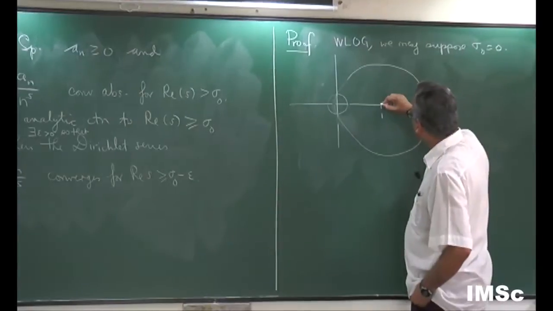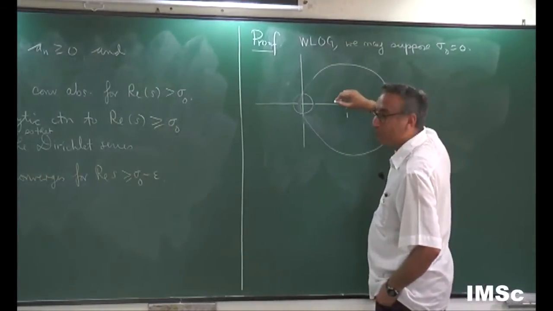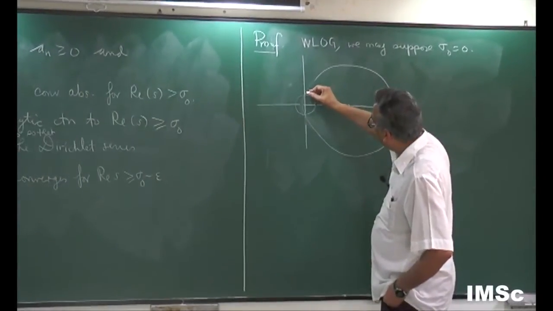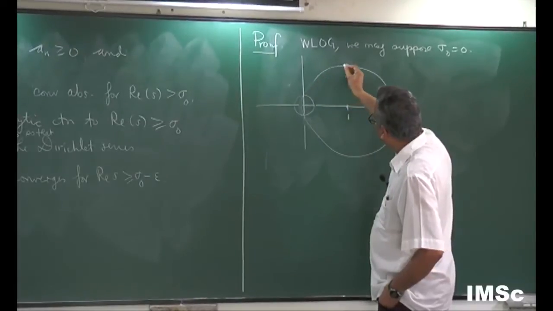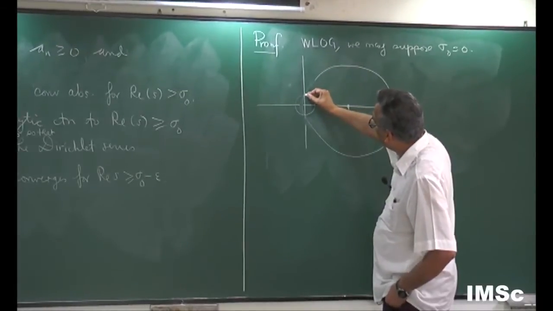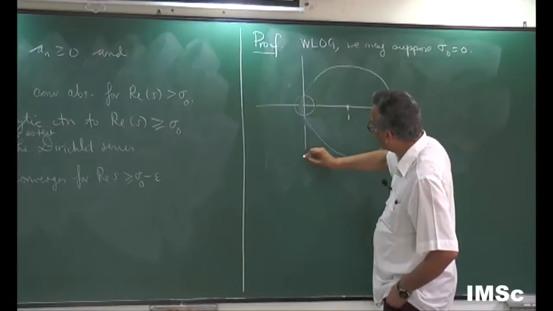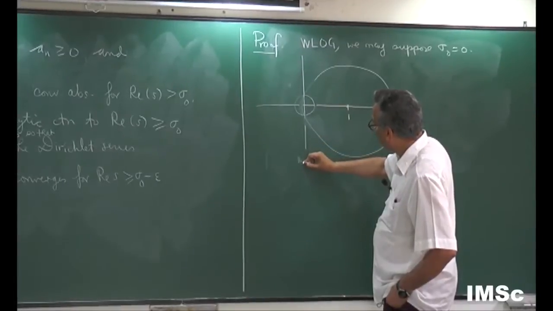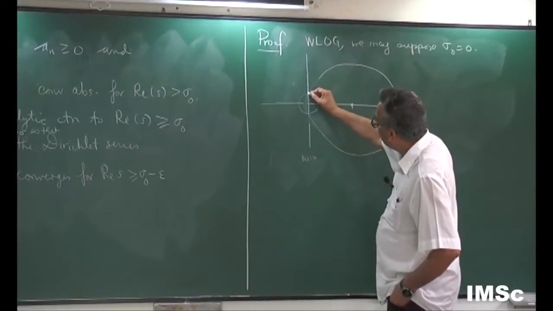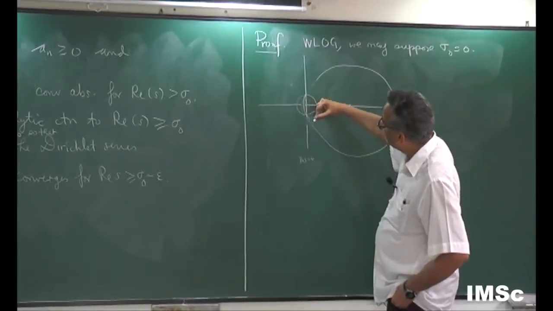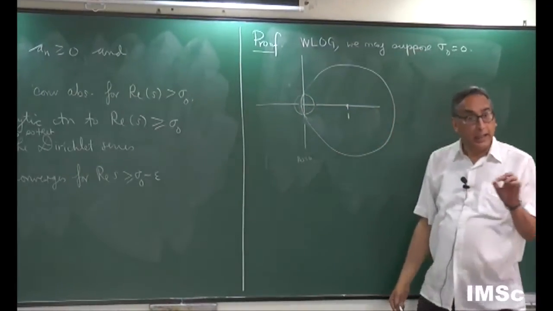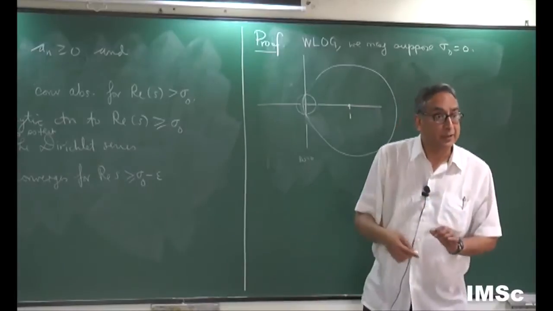I want to have a circle centered at 1, and I want the region that extends to the left of real part s equals 0 to be that little bit that it extends to, in that neighborhood in which the function is analytic.